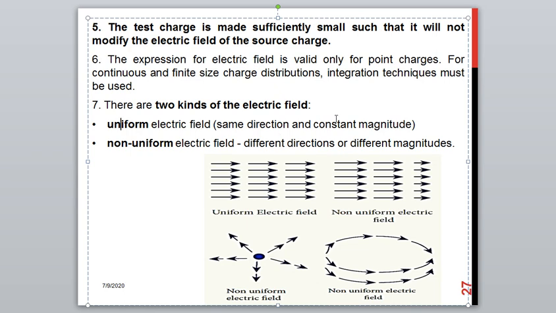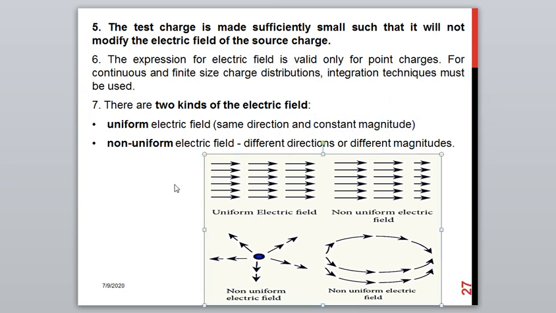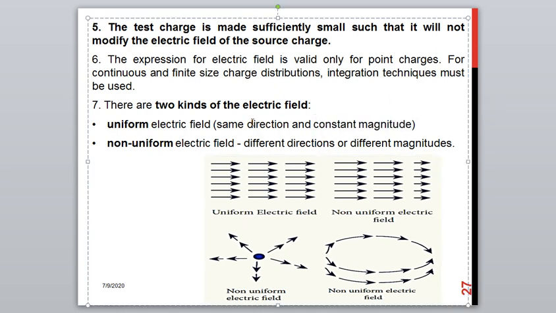That is, the magnitude of the electric field should be constant at all points, and the direction of the electric field should be the same. As electric field is a vector quantity, you have to talk about both magnitude and direction. So for a uniform electric field, the magnitude is the same and the direction is also the same.